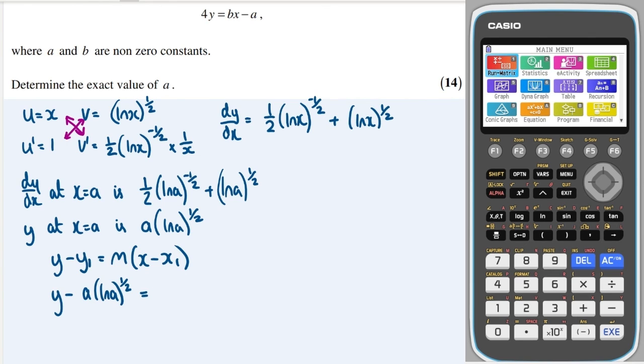My gradient, it's pretty messy, but it was a half ln a to the minus a half plus ln a to the half, and then I need to multiply that by, so I'm going to have that all in brackets like this, and I'm going to multiply that by x minus the x coordinate, which is just a.